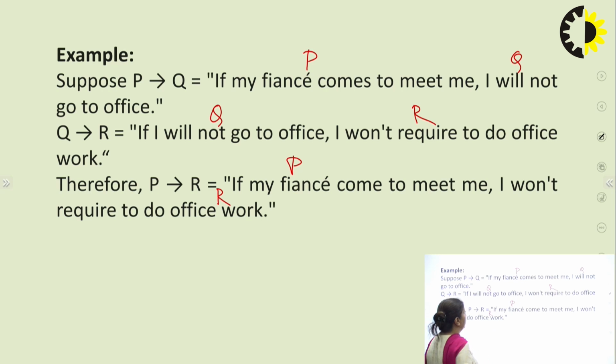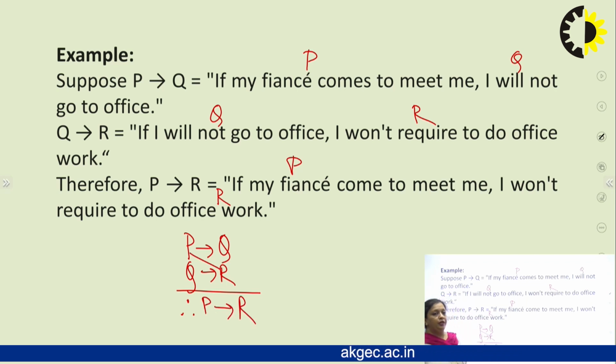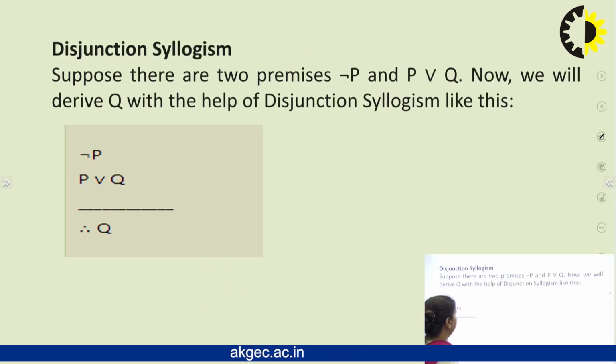So what we are saying is that if I have P implies Q as my premise 1 and Q implies R as my premise 2, so I can conclude P implies R. This is by the rule hypothetical syllogism and this is a valid rule. Now moving to the next rule, that is known as disjunctive syllogism.